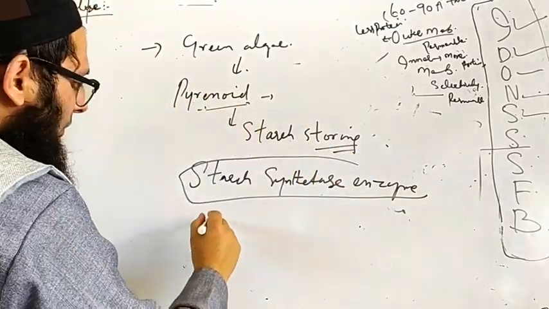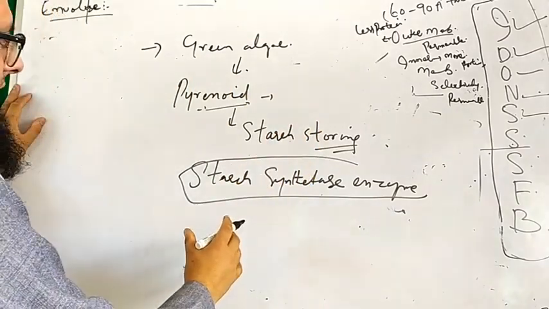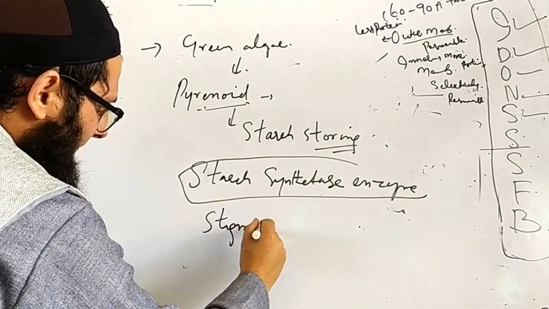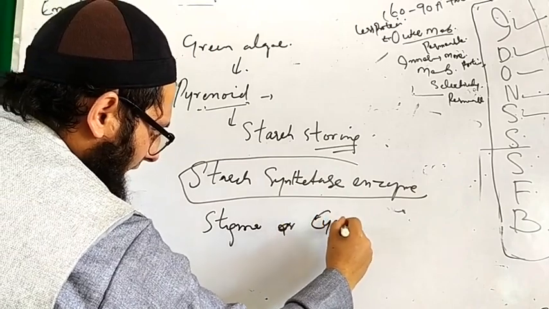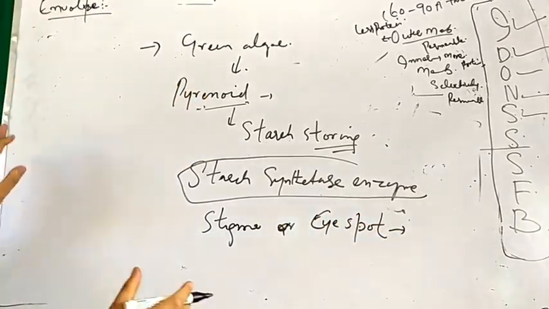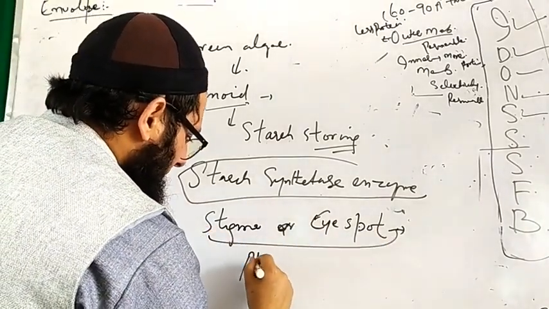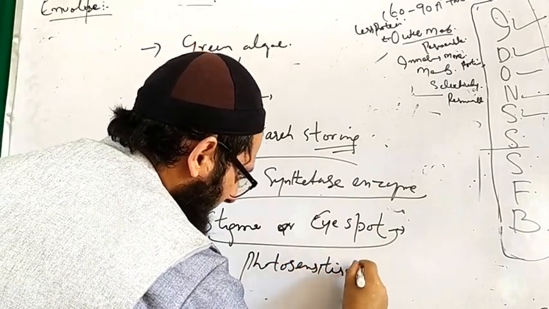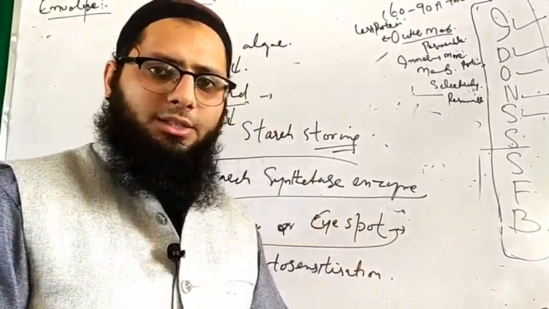And there is one more part or organelle there, called the stigma, or we call it the eye spot, present in the stroma of the green algae. This is important for photosensitization, that means it is photosensitive. What is photosensitization?